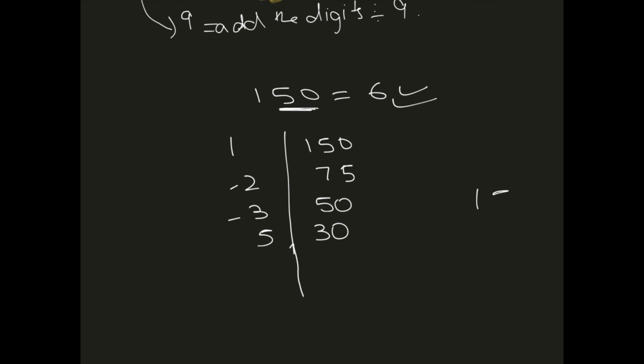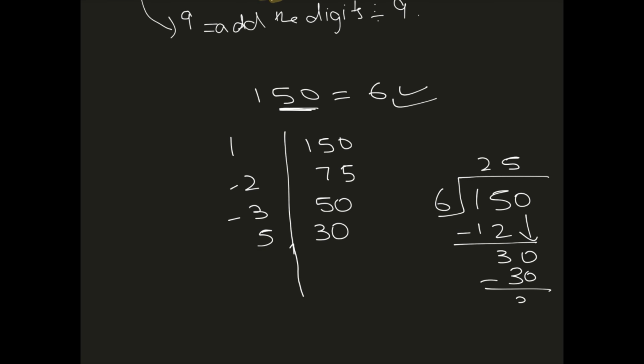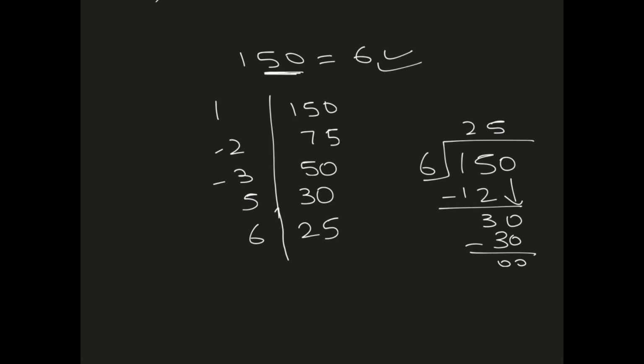So let's divide 150 by 6. 6 times 2 is 12, so we have 3 remainder and 0. So 6 times 25 is 150, and no remainder. So 6 is a factor.